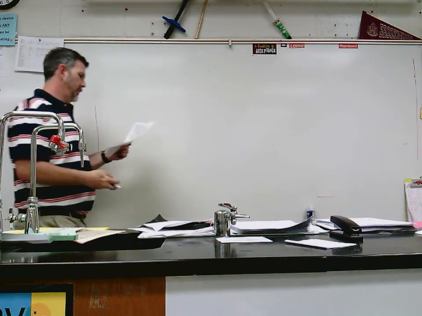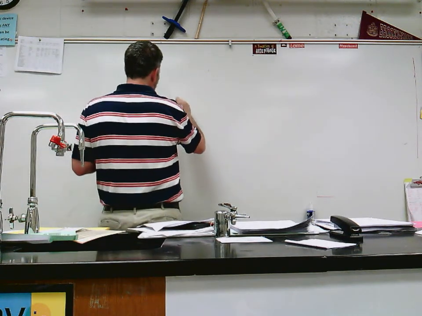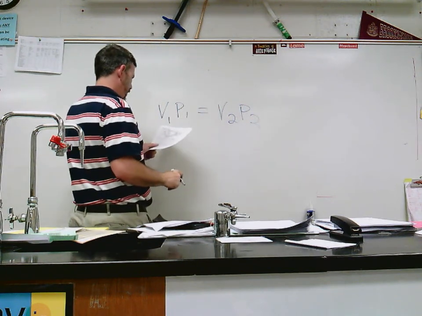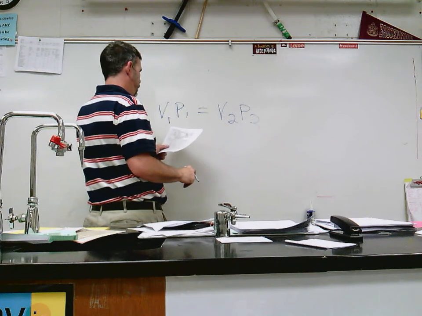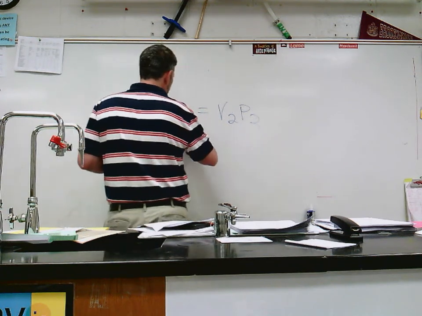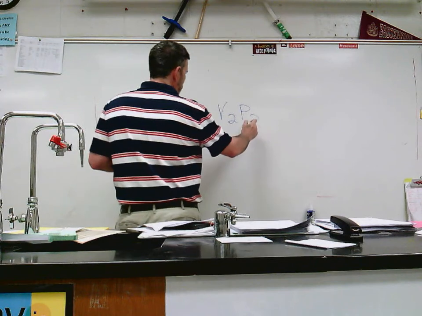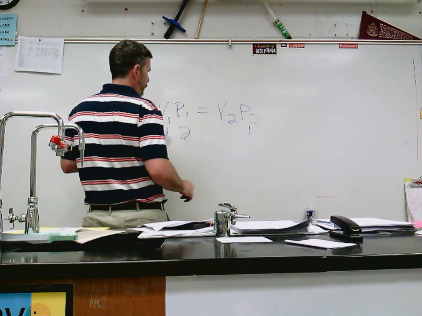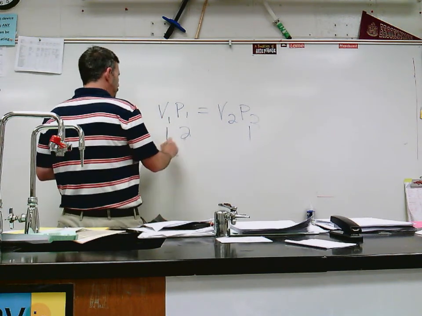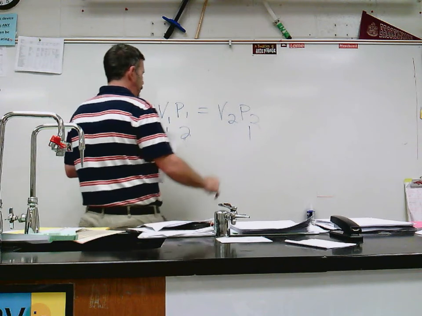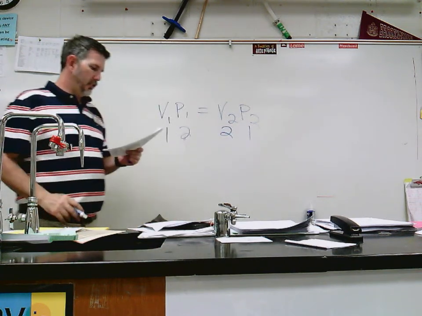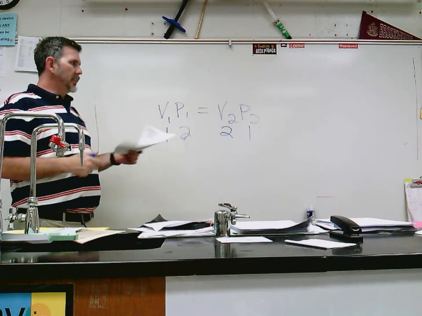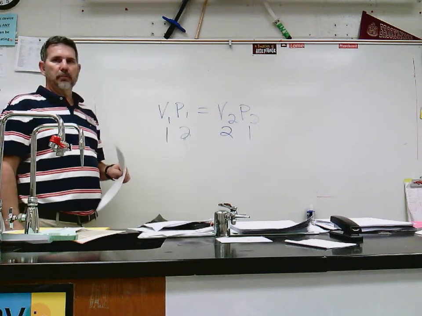Let's look at this. V1 P1 equals V2 P2. If pressure decreases, so I'm going to say I have a pressure of 2, and it decreases to a pressure of 1 atmosphere. And then I'm going to say I have a volume of 1, and let's see what happens to that volume. 2 times 1 is 2, divided by 1 is 2. My volume increased. No problem there. But you can test all of these. All you have to do is throw in numbers and you can know exactly.